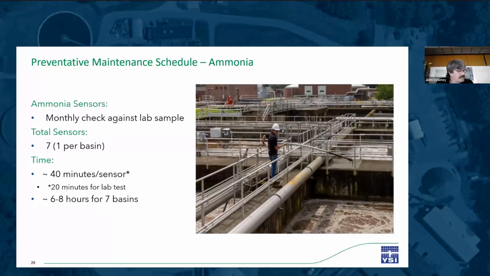A prerequisite for this exercise is that the actual concentration of ammonium in the basin be 2.5 parts per million or less. The reason for this is the acuity of the measurement we're looking for, especially if we're going to make an adjustment. Commercially available grab sampling of ammonia, as you probably are aware, typically offers a 0 to 2.5 parts per million range and a 0 to 50 parts per million range.